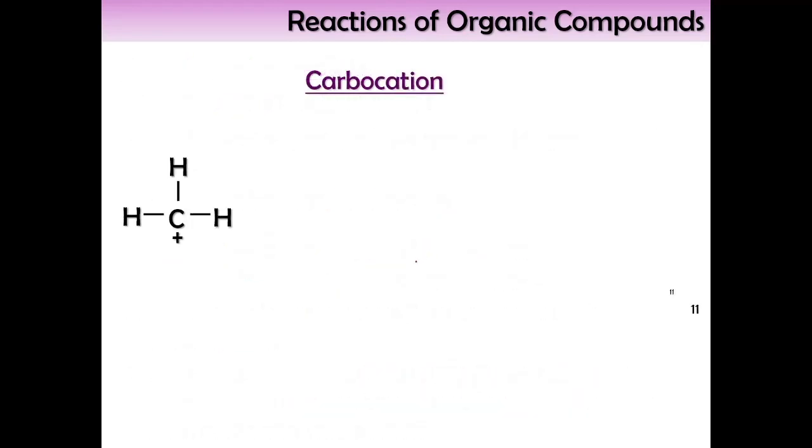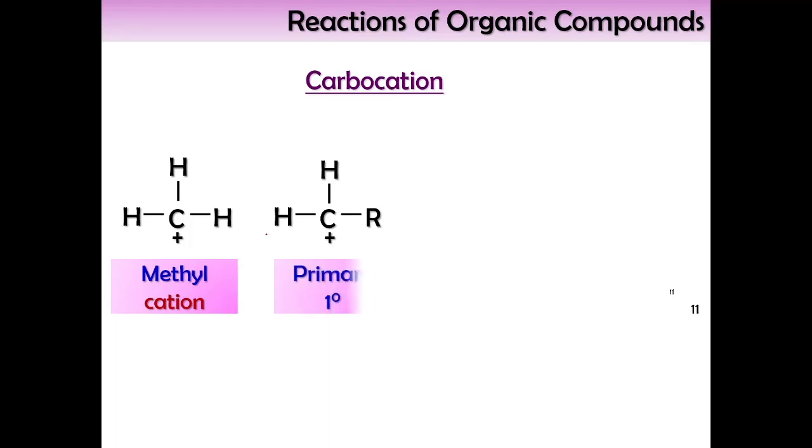Stability. From here, we can see that there are many kinds of carbocation. The carbocation here does not have any alkyl group attached to it, so this one is the methyl cation.